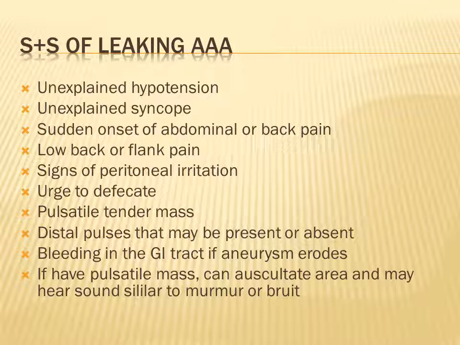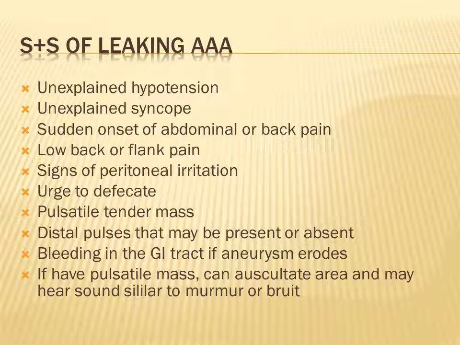As we learn with our abdominal assessments, we should be able to palpate the abdominal aorta pulse, but not necessarily a mass. And then distal pulses may be present or may be absent. You may have differing pulses, you may have weakened, you may have irregular pulses. So you can really have the entire gamut of normal and abnormal pulse situations.